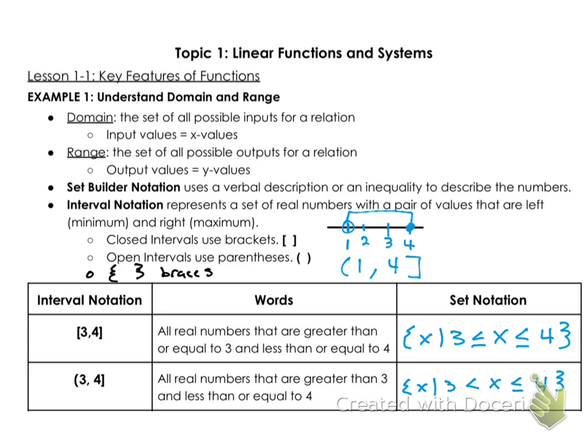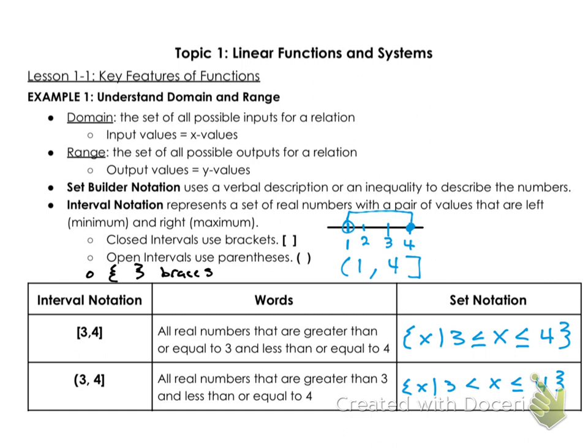So, for our set builder notation, the way that reads, I'm going to do it up here on the board. This is when we use our brace. All right, that reads as, we have our brace, all variables x such that x is greater than or equal to 3, x is less than or equal to 4.